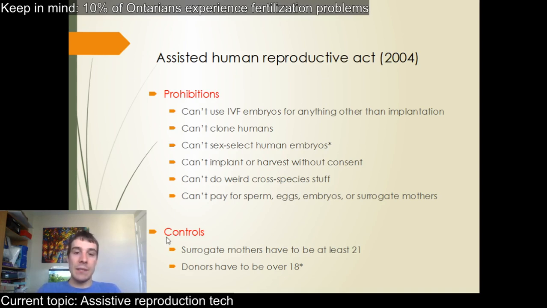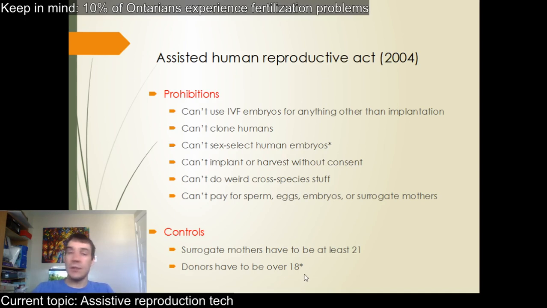And there's also some things that it controls. So for example, surrogate mothers have to be at least 21. There's a minimum age. I guess they figure that's the age that you can make that decision to be a surrogate mother. And sperm and egg donors have to be over 18. So you can't take sperm and egg from anyone that's under 18. I guess that's part of the consent piece.